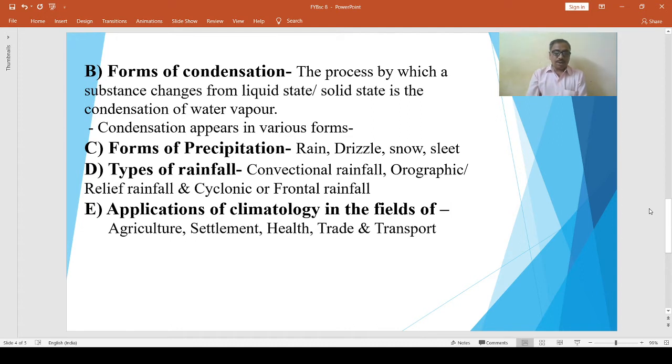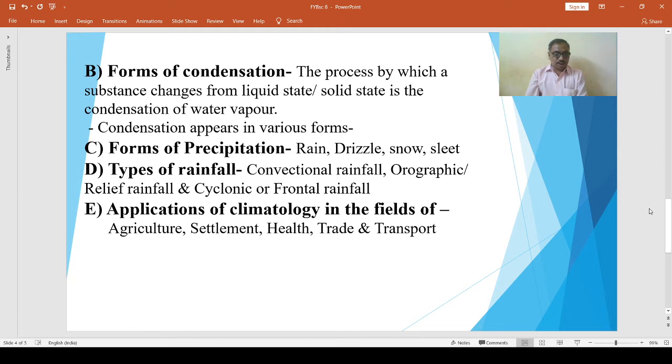Then dew. Dew is formed by the air mass condensing on a solid surface of the earth. At night, surface of the earth cool down due to radiation. The result is that the cool air deposits its moisture on the objects that have cooled in the form of dew.